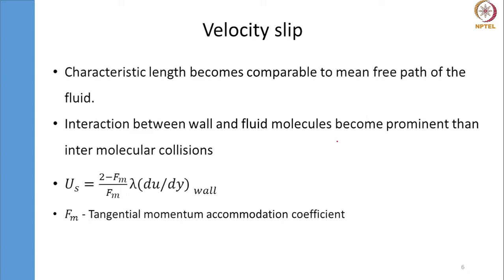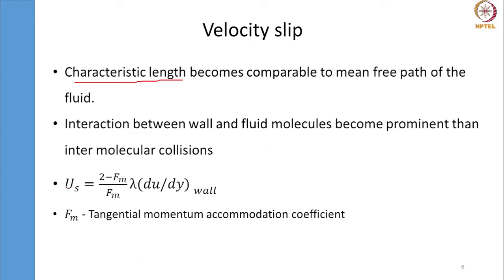This case occurs when the characteristic length of the channel becomes comparable to the mean free path of the fluid. In such cases, velocity slip is likely to happen, or I can say it will happen. The interaction between the wall and fluid molecules becomes more prominent than the intermolecular collisions. So as a result, we get velocity slip.